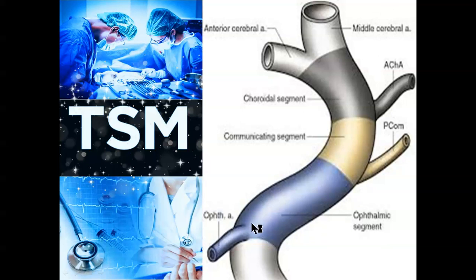Here we have the ophthalmic artery, therefore the ophthalmic segment. Communicating segment is where the posterior communicating artery arises. Choroidal segment is where the anterior choroidal artery arises. The rest are the terminal branches of the internal carotid arteries, which get divided into anterior cerebral and middle cerebral.